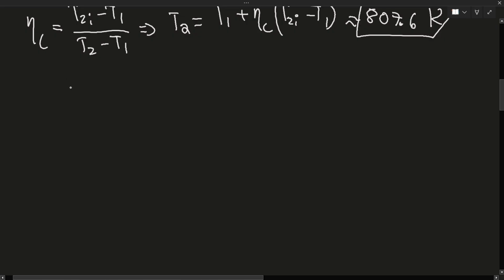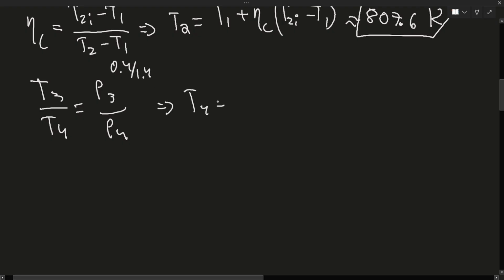You have to use the isentropic formulas. T3 divided by T4 equals P3 divided by P4 to the power of 0.4 over 1.4. So T4, this is just basic algebra: T3 times P3 over P4 to the power of negative 0.4 over 1.4. T3 was 1000 Kelvin.